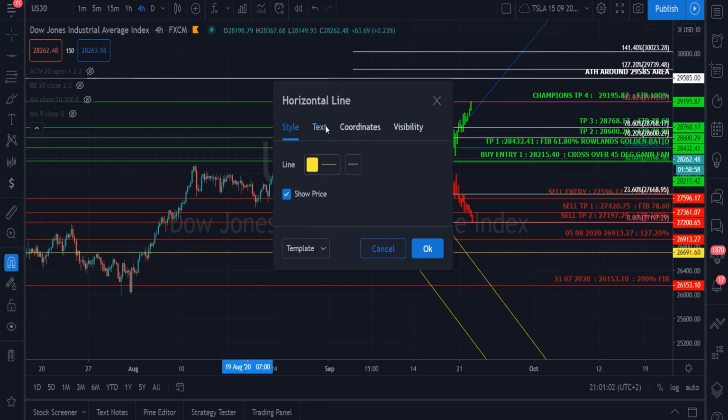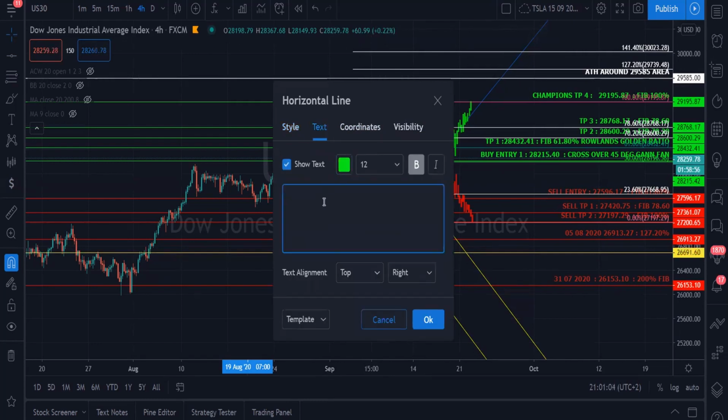That's my style. My text, I want to type here. Let's type in TP5, semicolon. And then I want to put the price of 29,739.48, right? That's my price. And then I want to put here a semicolon, and I want to make a note as to how I came to that figure.